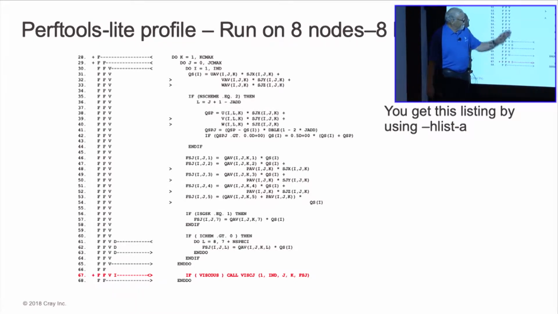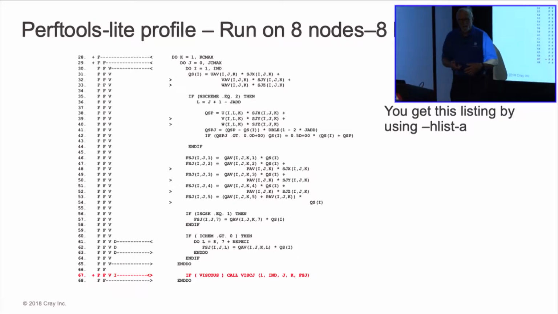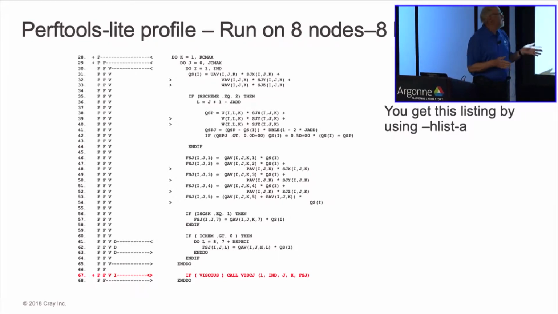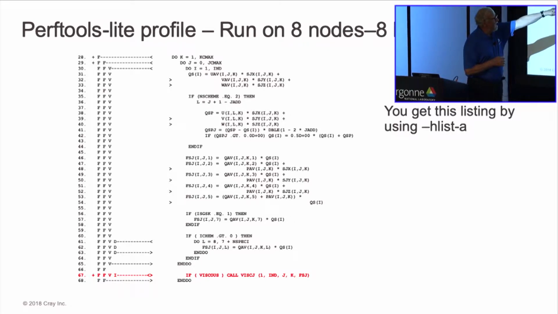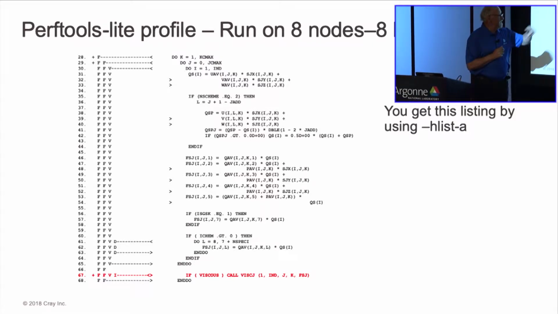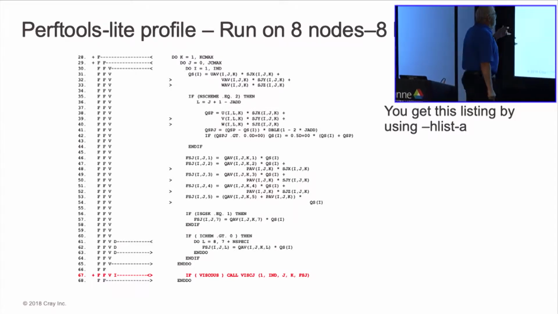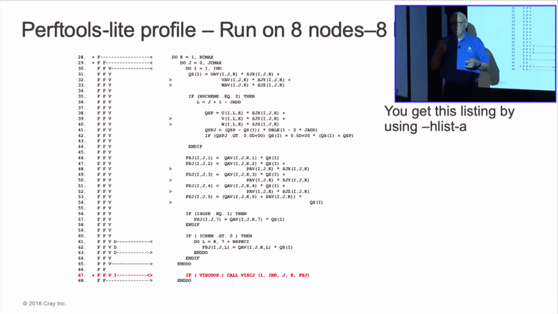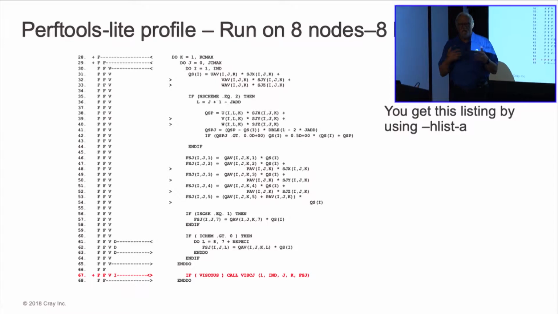Now one of the things when you compile with the Cray compiler, you want to use -h list=a, not -a. That's a mistake. And F means that all the calls within that loop have been flattened.